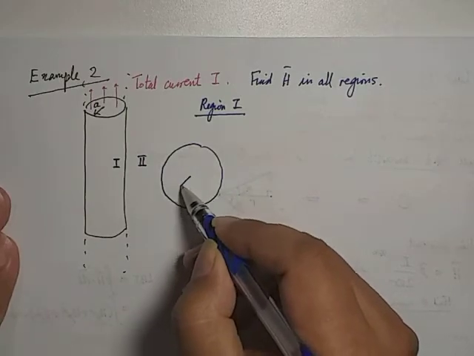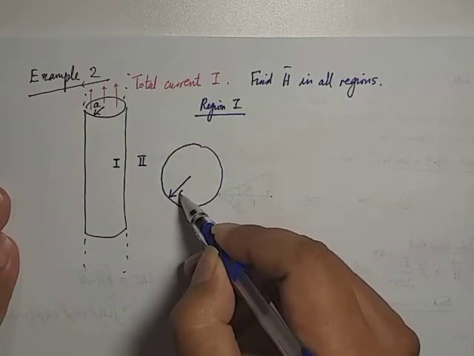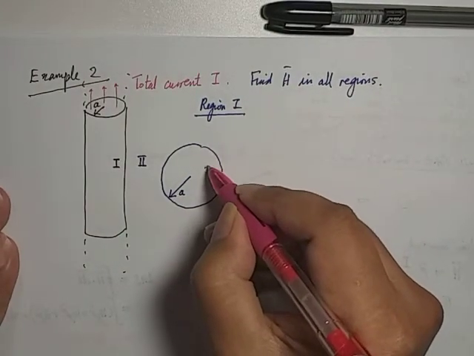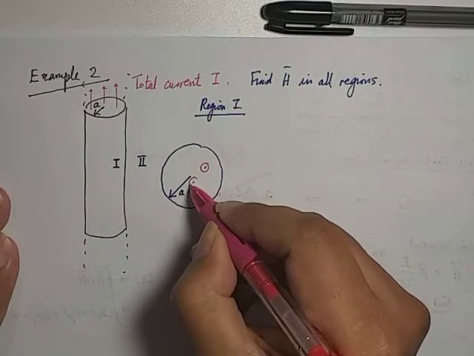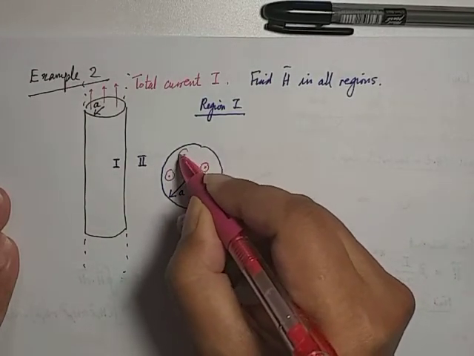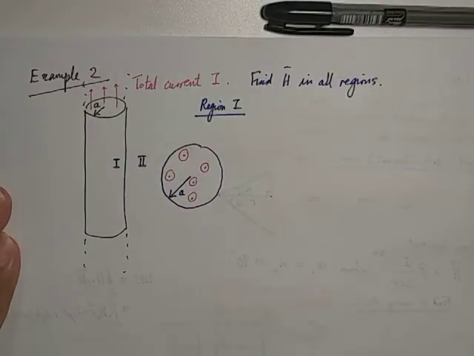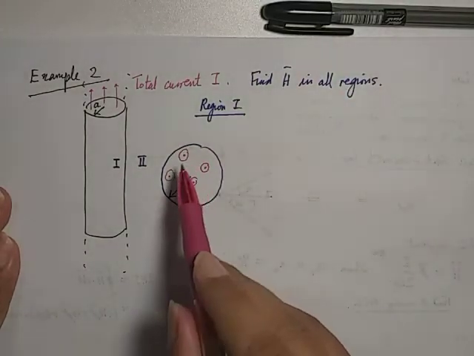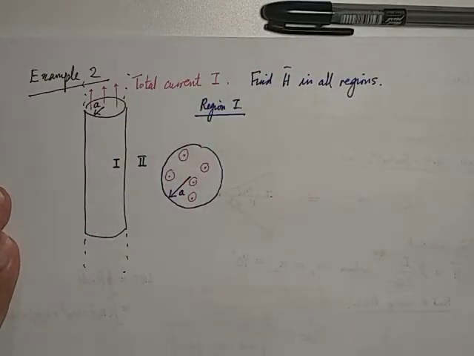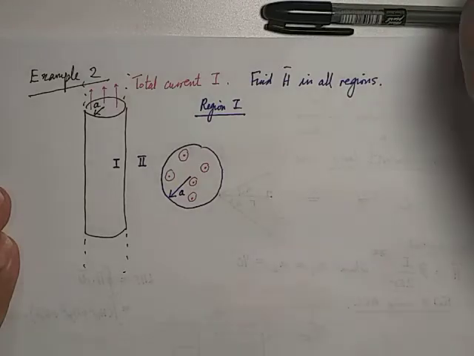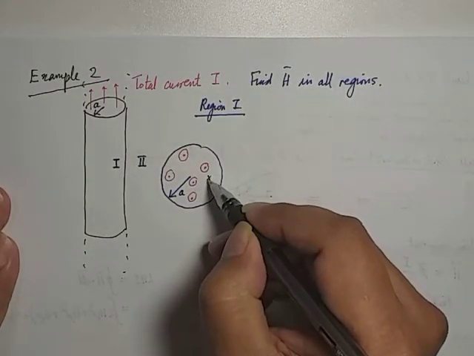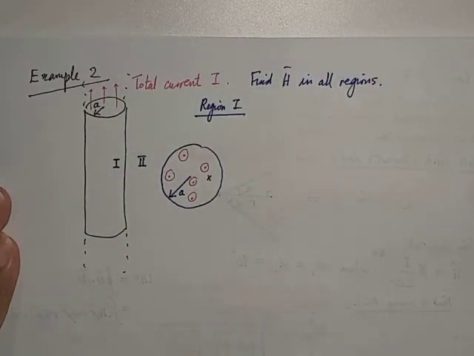The radius is A. There is a lot of current coming out of this structure, so I'm going to draw it in red, indicating there's current all over the place. The total current flowing inside this conductor is I. Now I'm going to show myself the position of H.